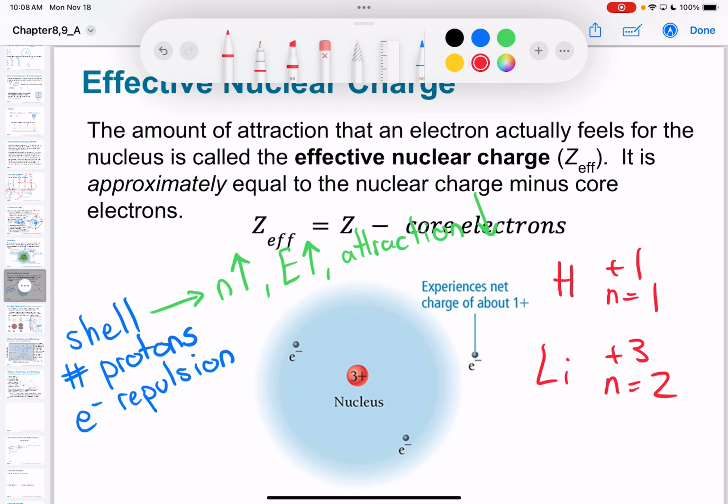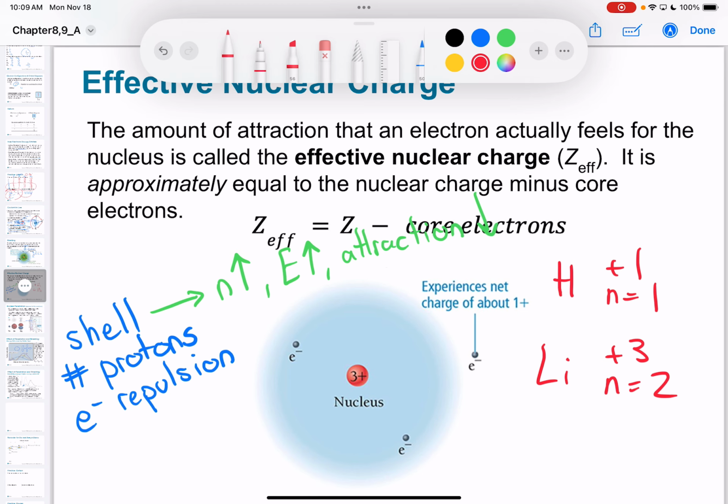So an initial thought might be lithium is stronger because it has 3 protons. And that generally is true. The more the number of protons increases, the stronger that nucleus is, and the more it can pull and hold those electrons in. Okay? But if you're at different energy levels and you have that layer of shielding, then that charge is not going to be felt fully.